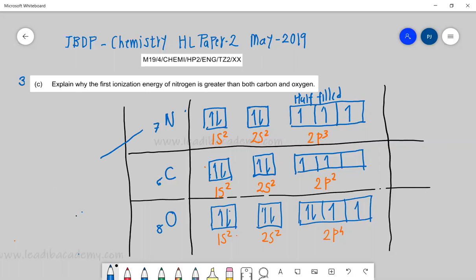Let's compare nitrogen and carbon. Simple. We are trying to remove an electron, the outermost electron, from one of the p orbitals. So, which has a higher nuclear charge? Simple.